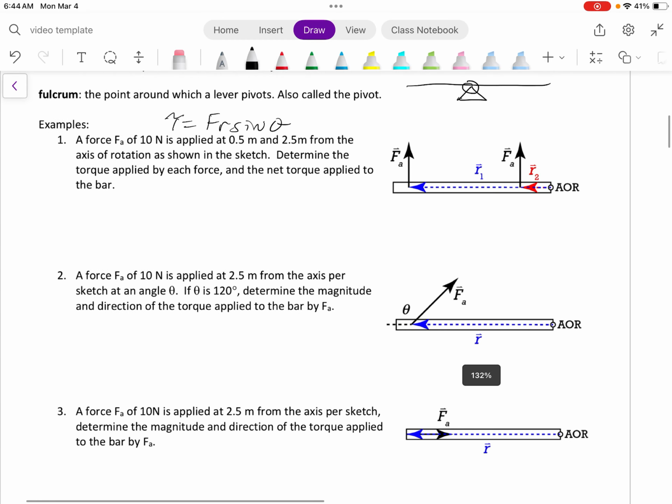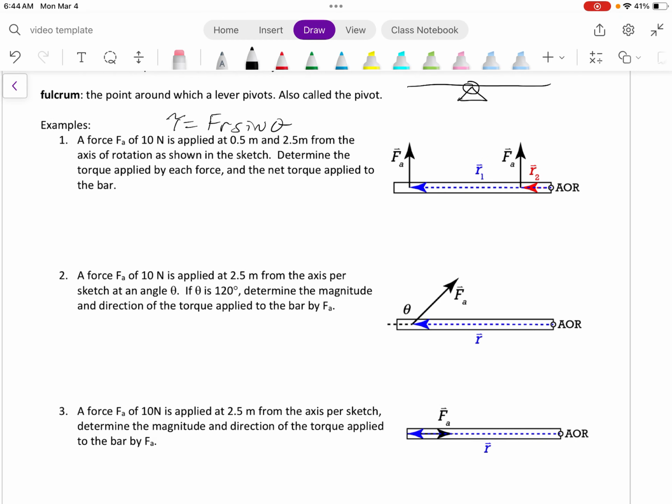A force of 10 newtons is applied at 0.5 and 2.5 meters from the axis of rotation. Here's the axis of rotation. You may not be able to see it, but that 2.5 is this entire distance.